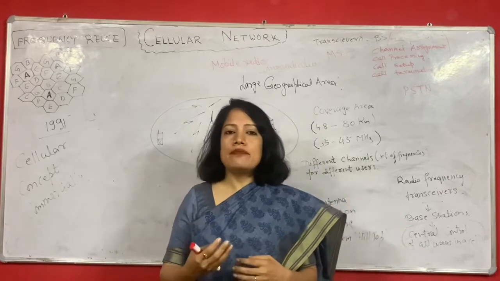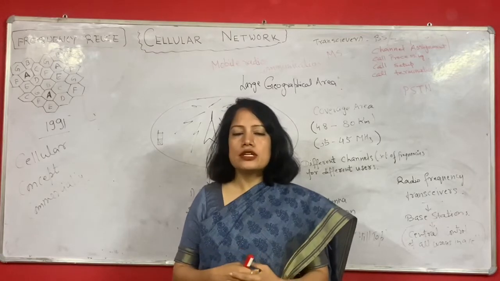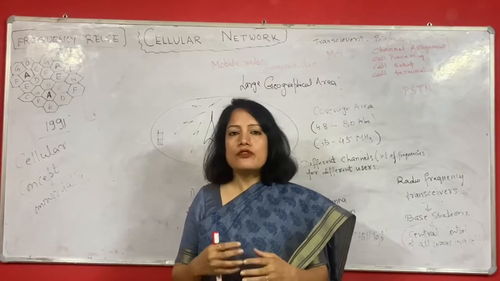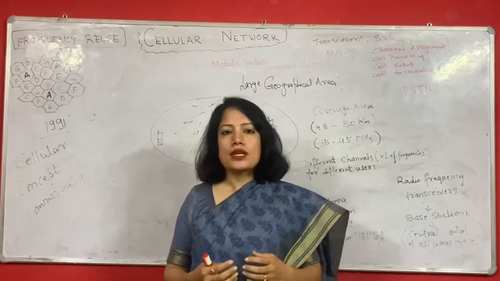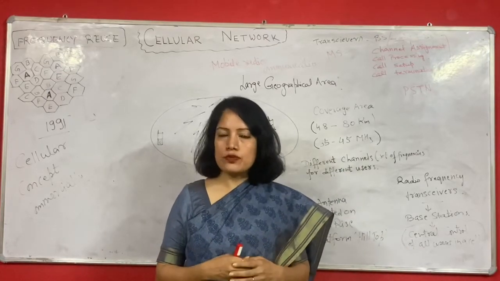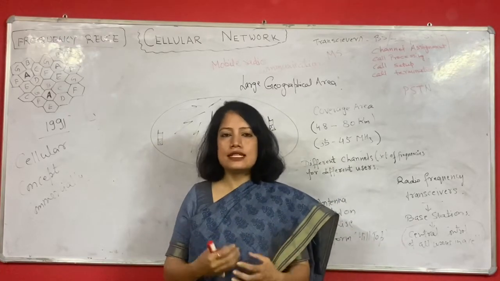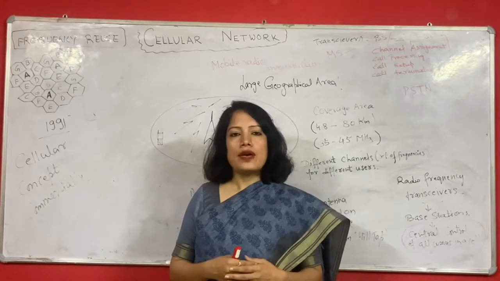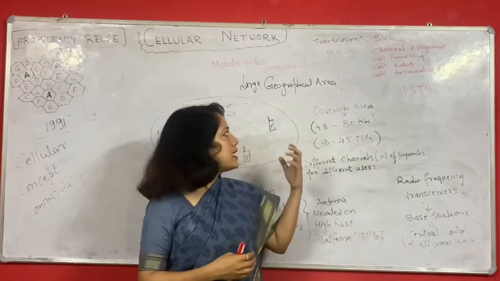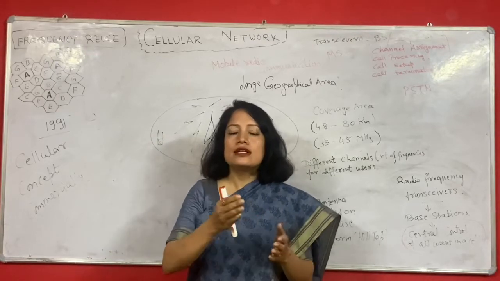Now in the very beginning, how did mobile communication used to look? Before the invention of the cellular network, there were mobile radio communication networks, and they were used to serve a particular city. It started in the USA, where mobile radio communication was used to serve different cities.